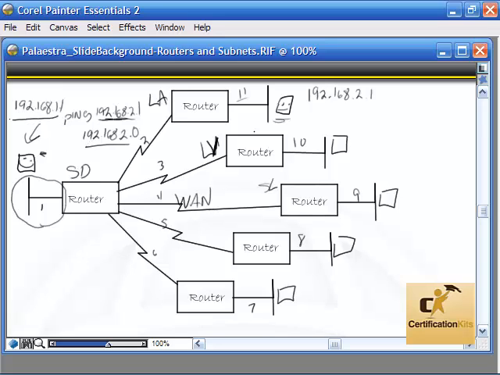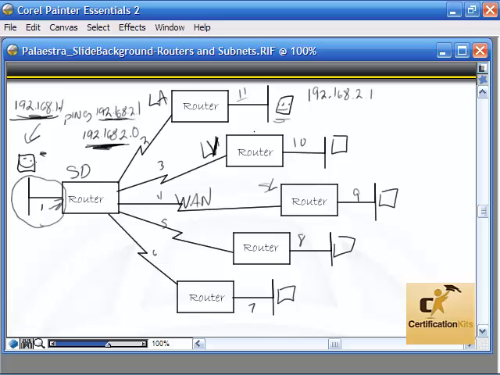That is not the same network address that this guy has. This computer's network address is 192.168.1.0. So he goes, okay, since it's not within my network, I need to send that to the router.